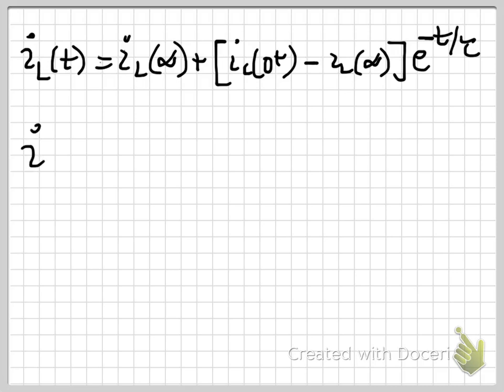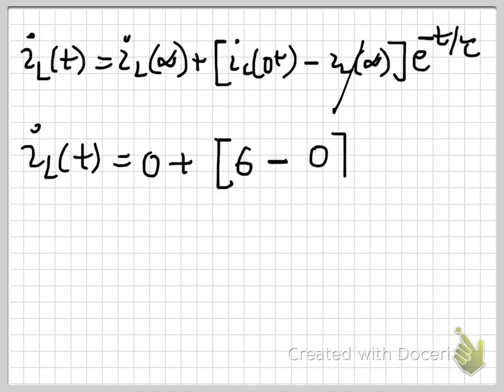So I'm writing IL t equals IL at infinity, which was 0, plus this value, which was calculated as 6 amperes, minus this value, which was 0, times e to the power negative t, and we calculated tau in the previous step as 1 by 4. So I'll put that 1 by 4 here.